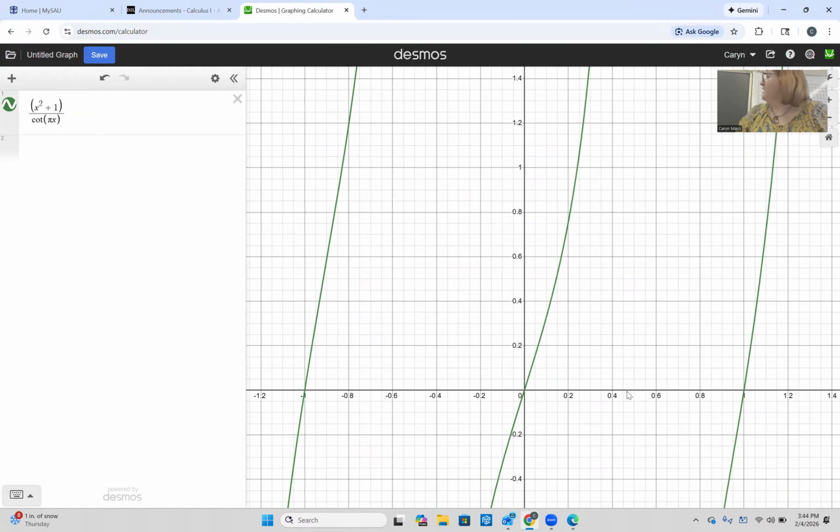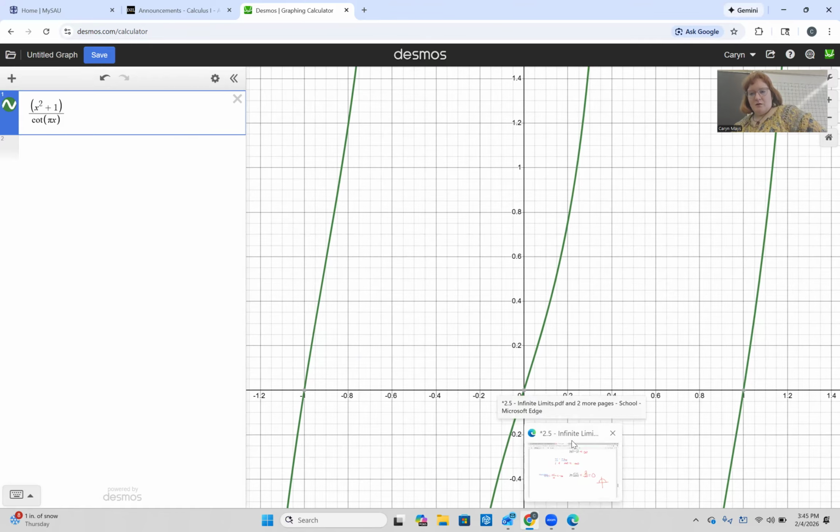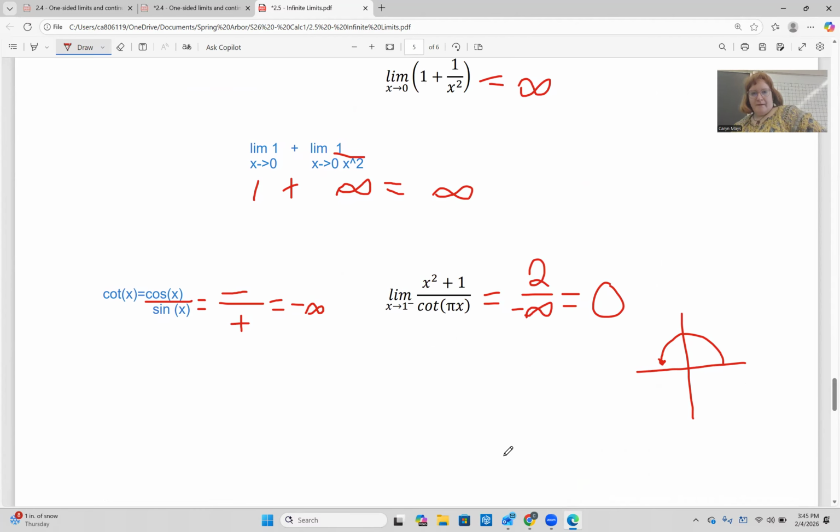Oh, I'm expecting it to hit here. Here's 1. And sure enough, we cross the point (1, 0). Right.